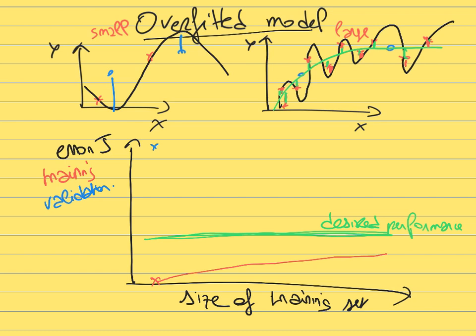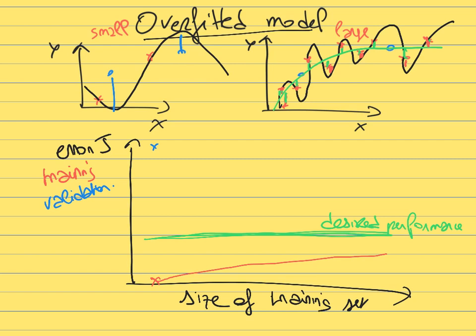So in this case, it looks like your model is doing better than it should, because it's deformed so much. It's going through every single data point of the training set, so it's having a lower error than it should.